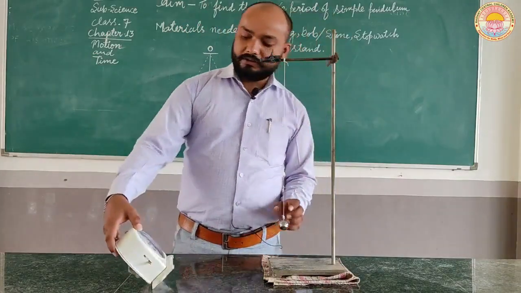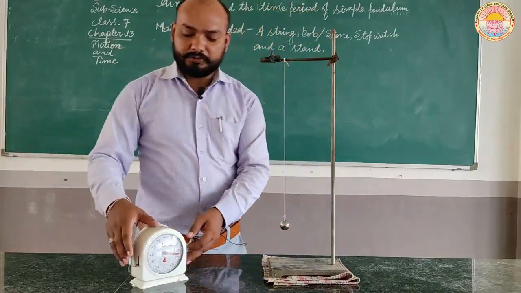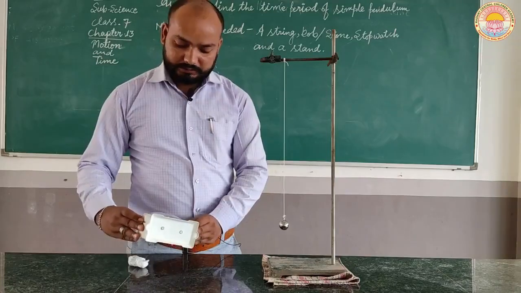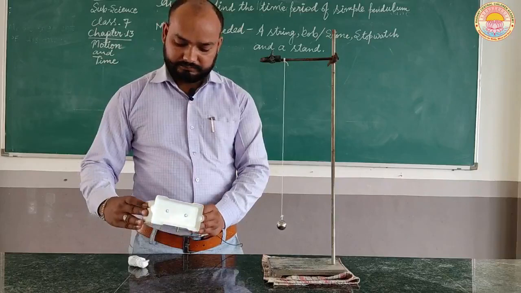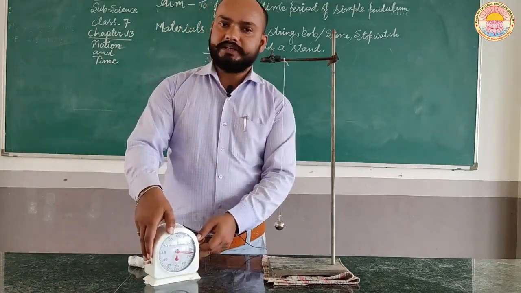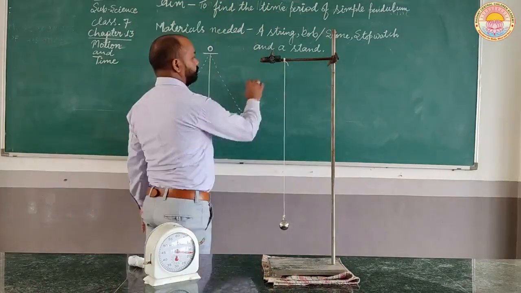So the time taken by the pendulum to complete 10 oscillations the first time is nearly 17 seconds. So we will note down the time.